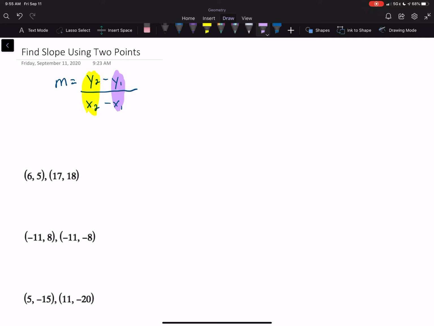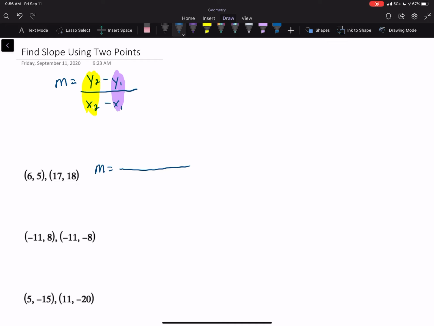Okay, so let's practice this and see how it looks. All right, so here's our first example: 6 comma 5 and 17 comma 18. So what I'm going to do is write m equals, and draw my line. And now I'm going to take the y's, so y2 minus y1.